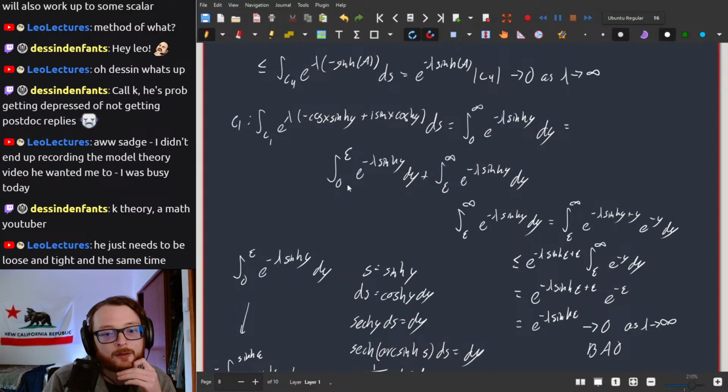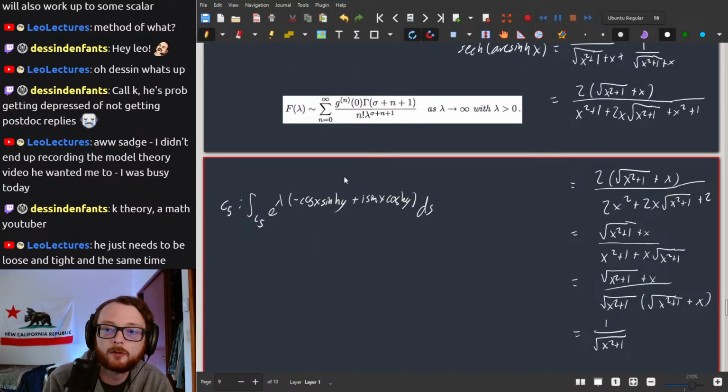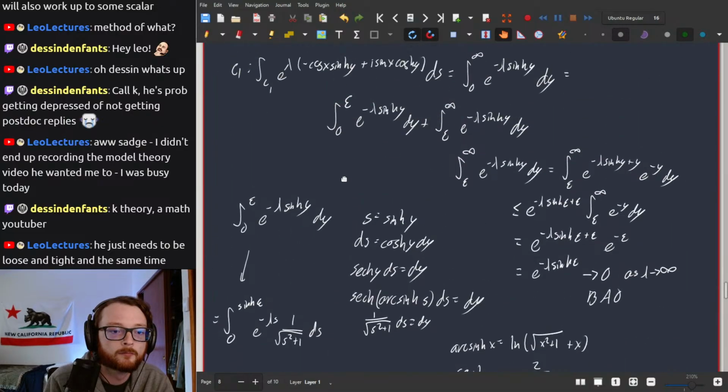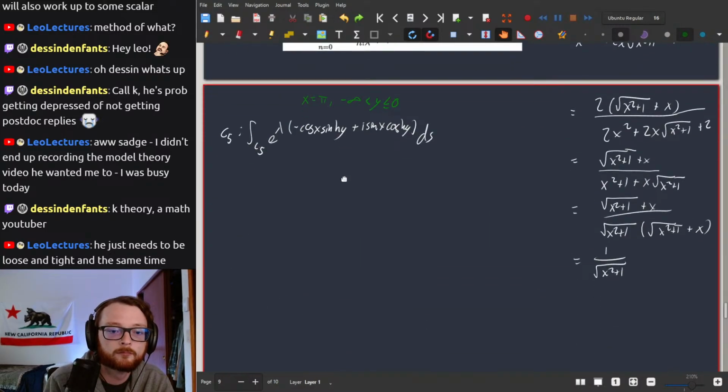X is always pi. Y is going from minus infinity to 0.